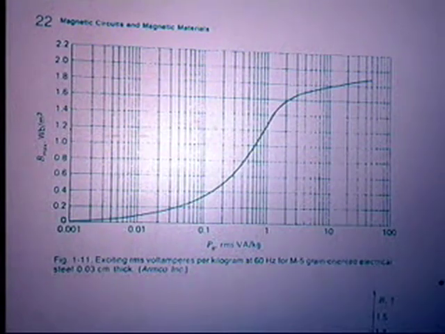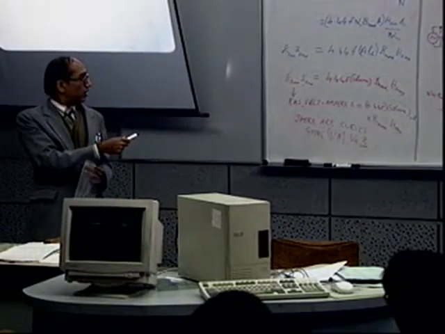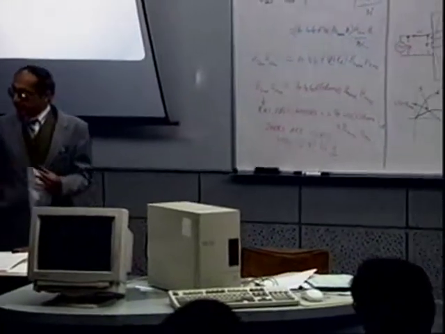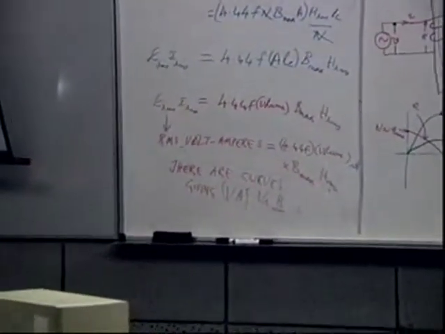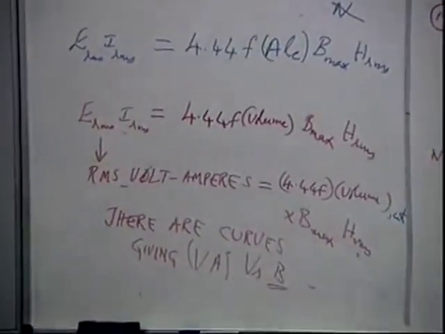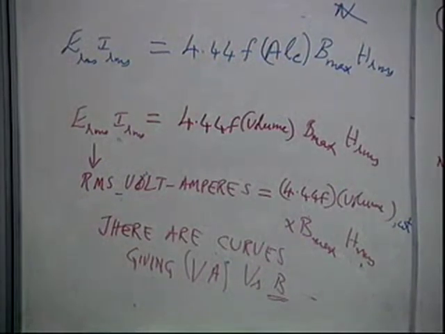Then you can find out the exact current that will be required. So what will be the IRMS? If you know volt amperes, you know the voltage, you can find out the current drawn, the magnetizing current drawn for this. And this current that is drawn is called the magnetizing current, exciting current.